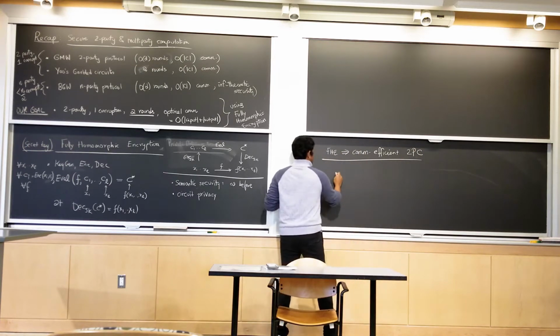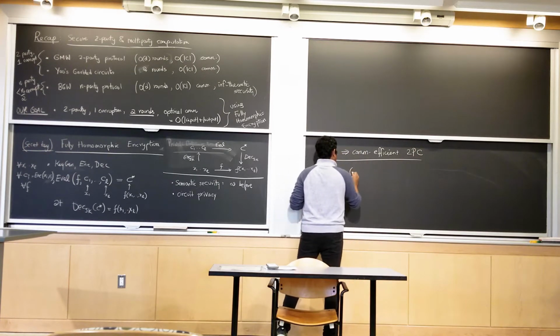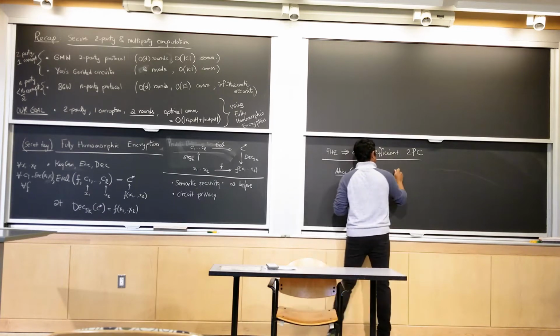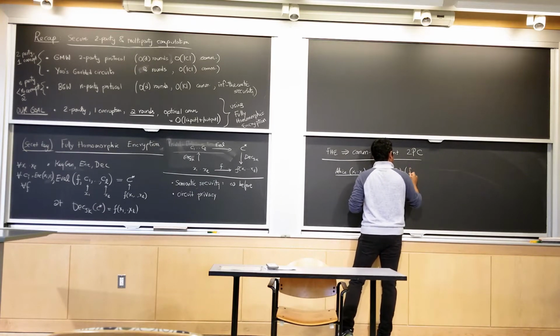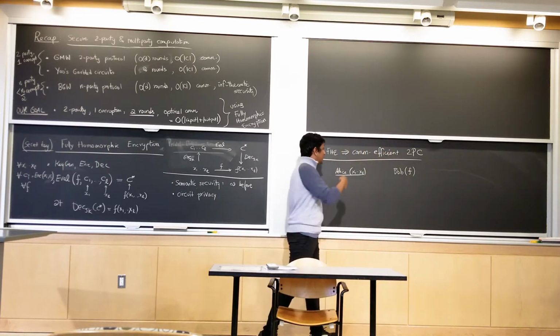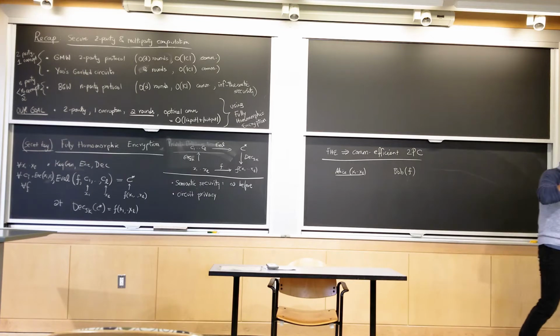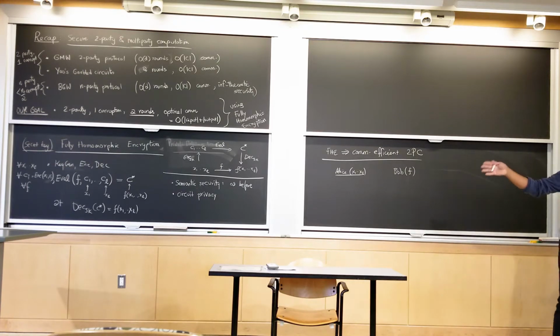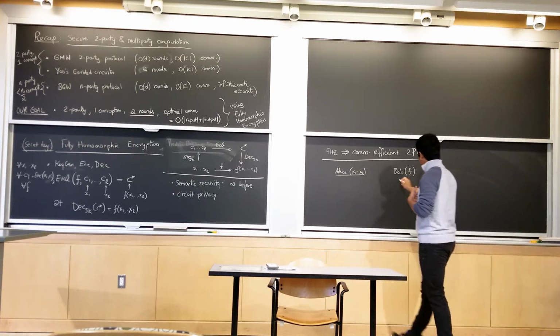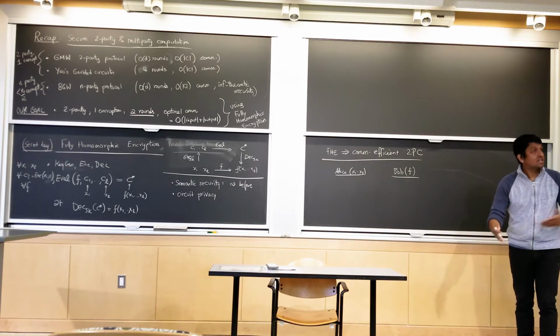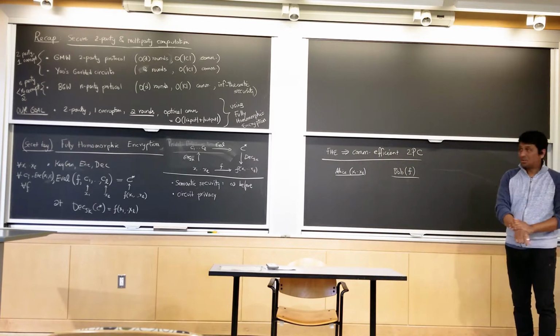Let's say you have Alice, who has x1 up to xl, and Bob, who has a function f. It could be that there's a universal function and Bob has y1 up to yl, and they're trying to compute f of x and y, but it's all the same thing. Now you want to compute f of x in a secure way. How do you do it?